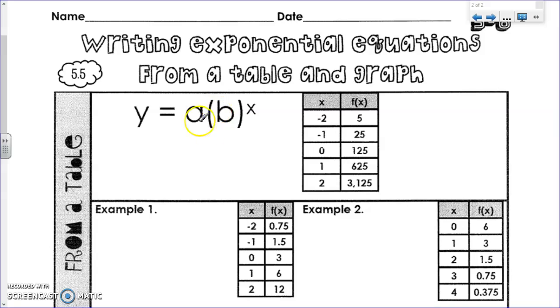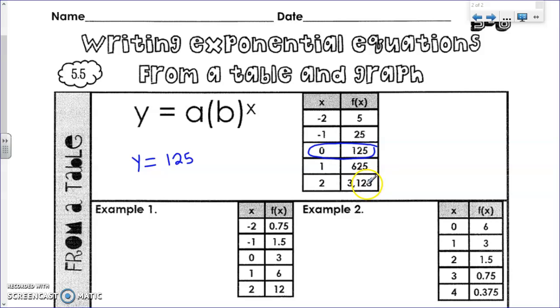Okay, so in this problem here, if I'm looking at this table, what is my starting value? 125, because I look for the y-intercept. Okay, so I'm going to have y equals 125. And then is this function, if I go from left to right, because negative 2 to 2, is it getting bigger or smaller?